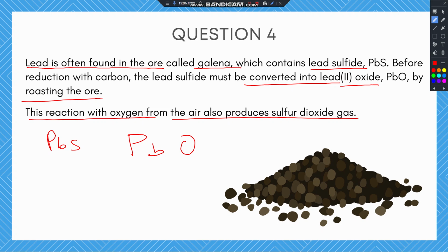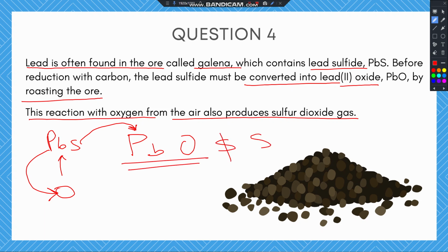So lead sulfide must be converted into lead 2 oxide by roasting this ore with oxygen. When it combines with oxygen, it produces lead oxide and sulfur dioxide gas, SO2.